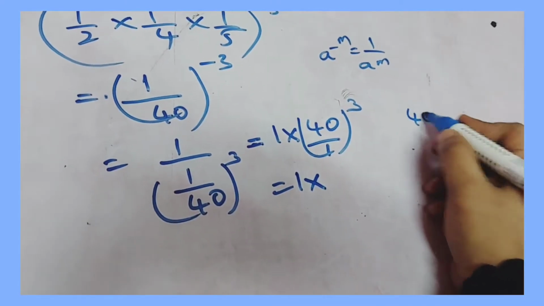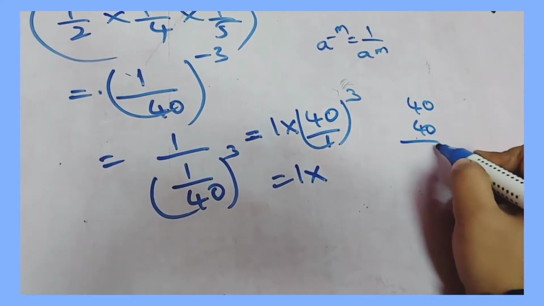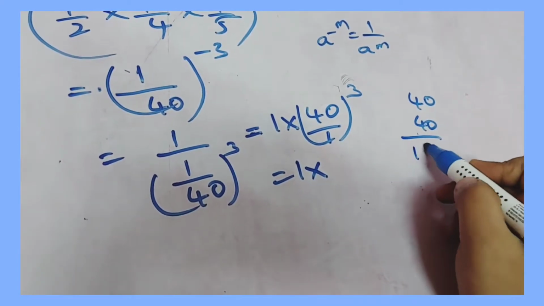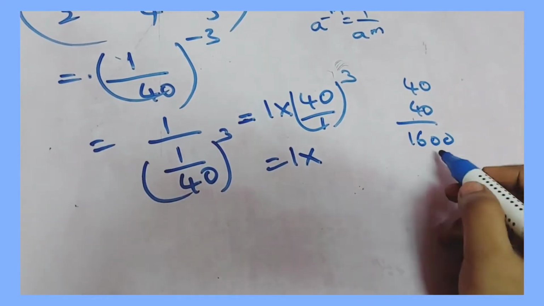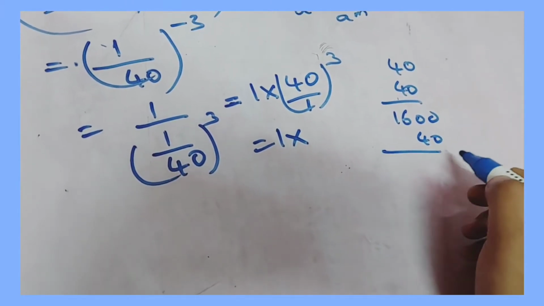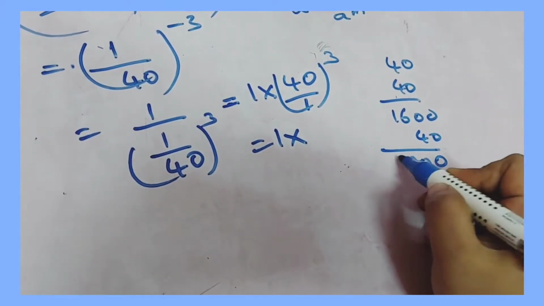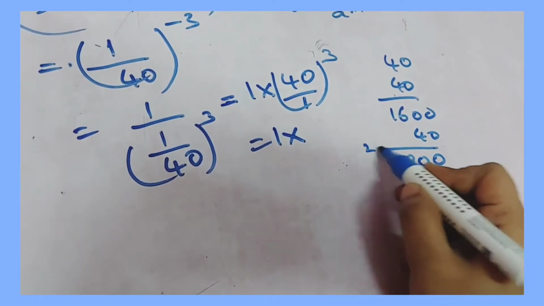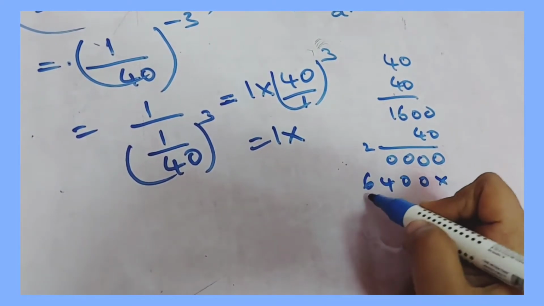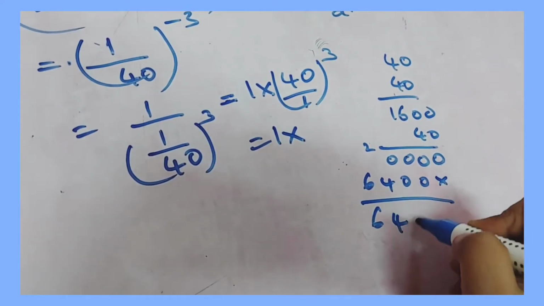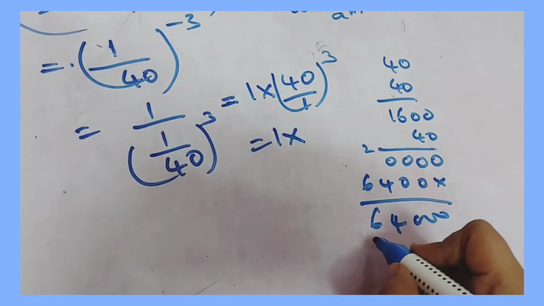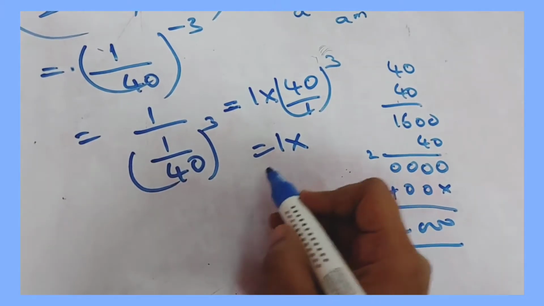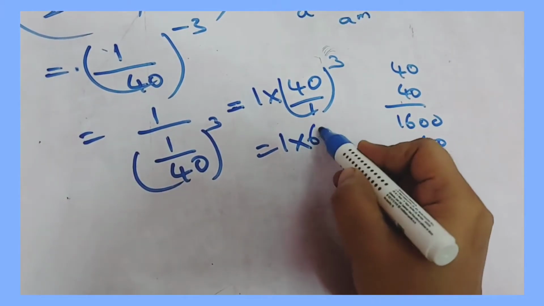What is 40 cube? 40 into 40, 4 4s are 16, 1600. Then again you take into 40: 0 0s are 0, 4 0s are 0, 6 4s are 24, 1 4s are 4, 5, 6. It is 64,000. So the answer here is 64,000.